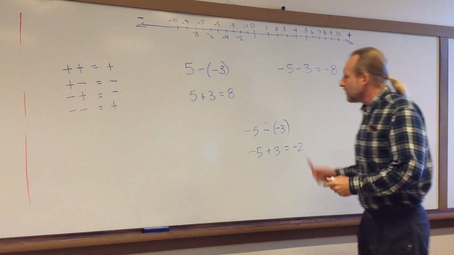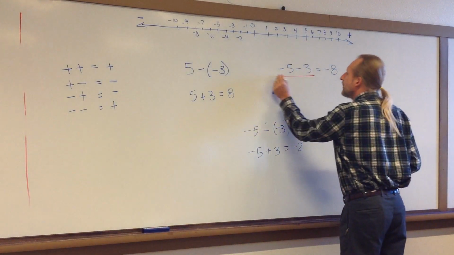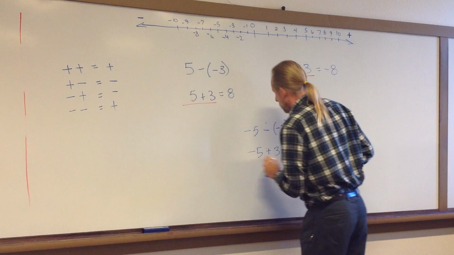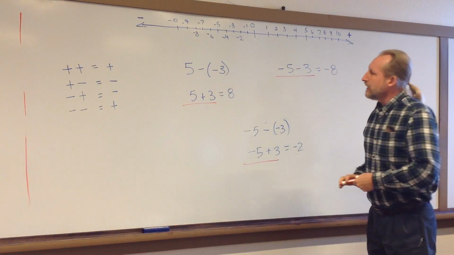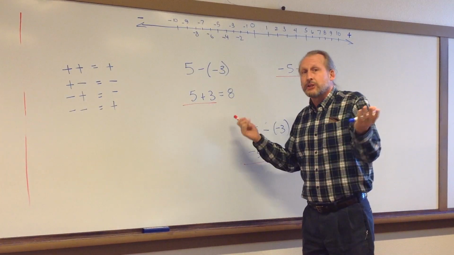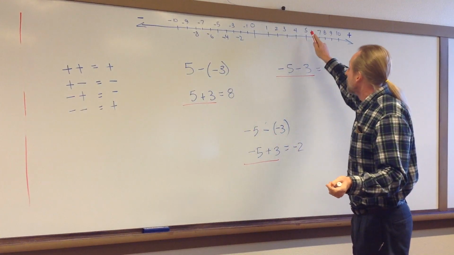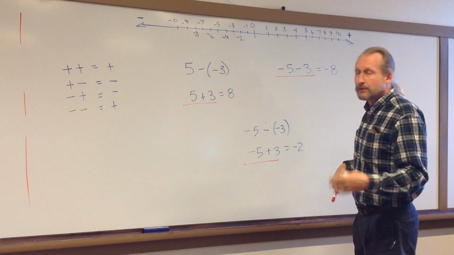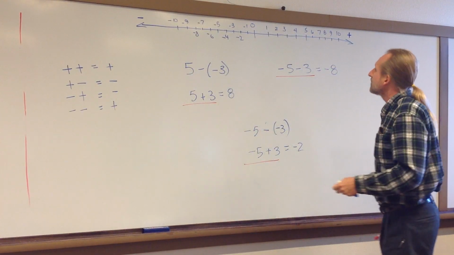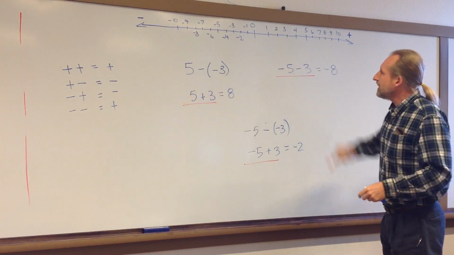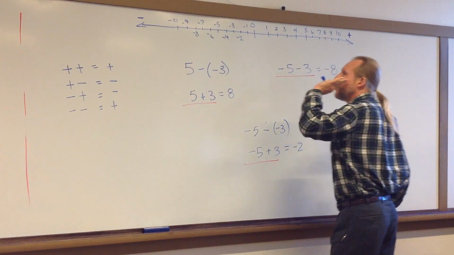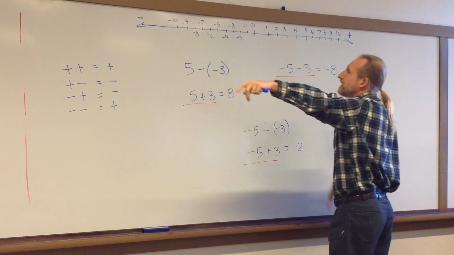What people do sometimes is, when you get this down to just a single sign with each number, if the signs are the same, that says you'll be going in the same direction. You're at positive 5, you're going 3 more in the positive direction, that'll be 8. Here the signs are the same, that says you're going in the same direction out to negative 8.